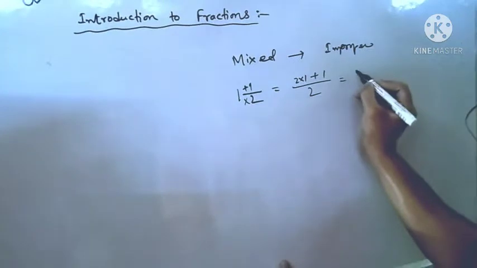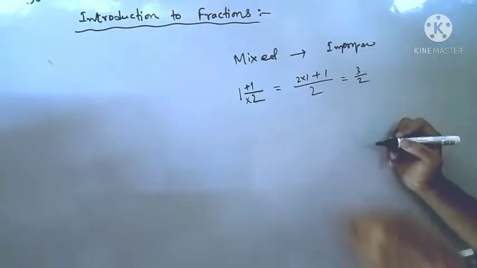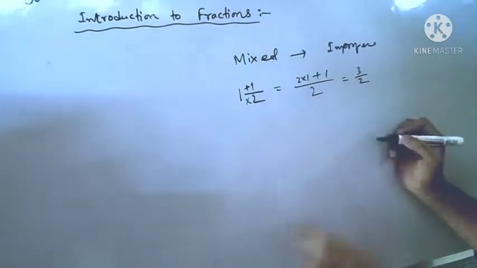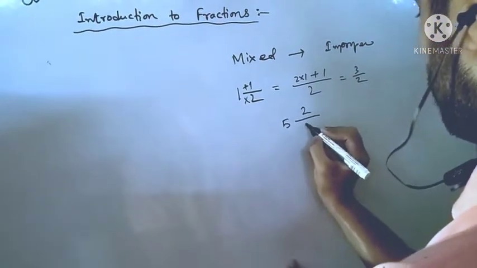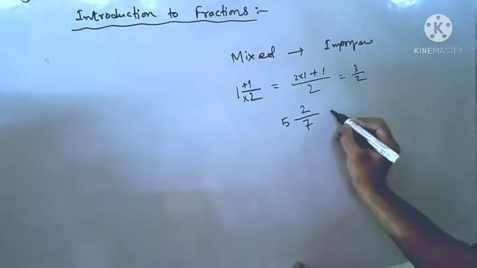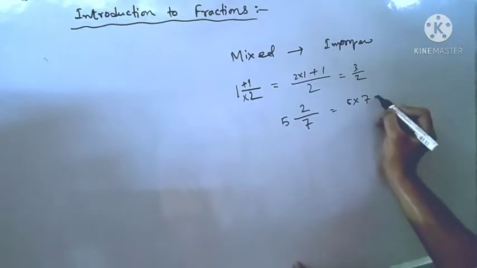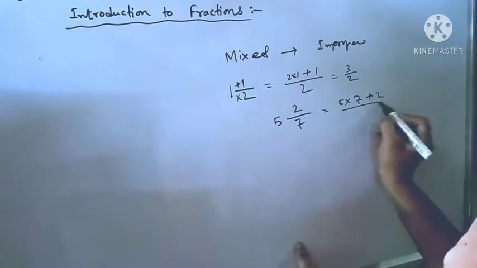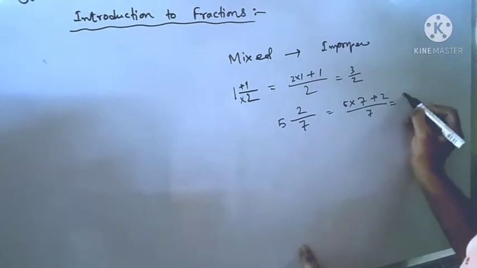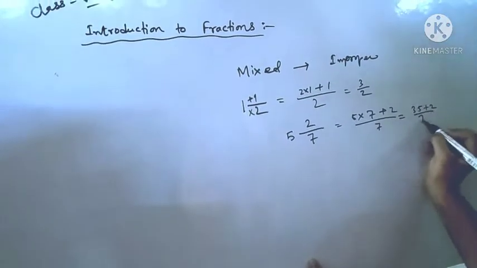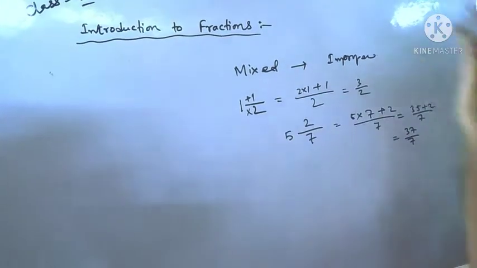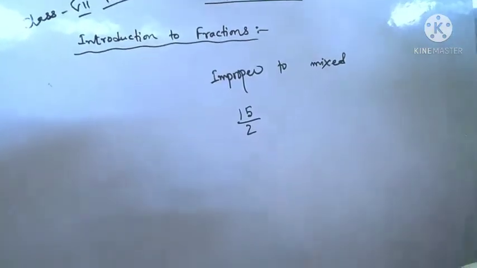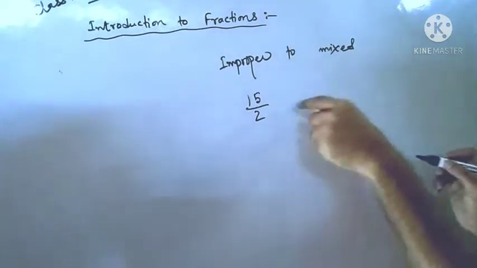So 2 plus 1 equals 3 by 2. Okay, this is mixed to improper. We take another example, 5 here. So 5 into 7 plus 2 by 7, that is 35 plus 2 by 7, equal to 37 by 7. So that is mixed to improper.